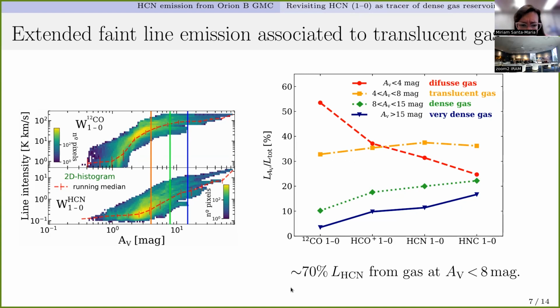Because in this extinction range, it's just from the H1 to H2 transition. I'm wondering if these data points are real detections.